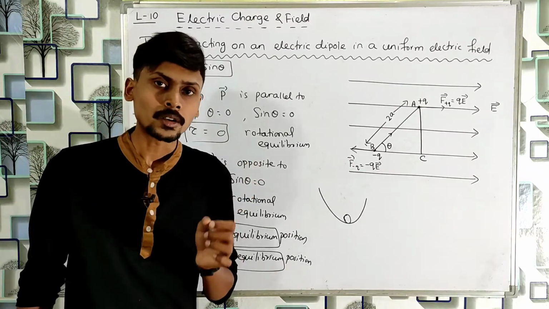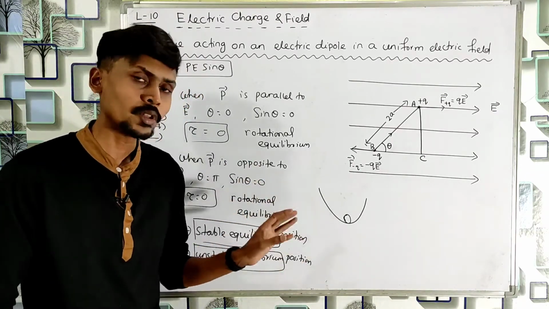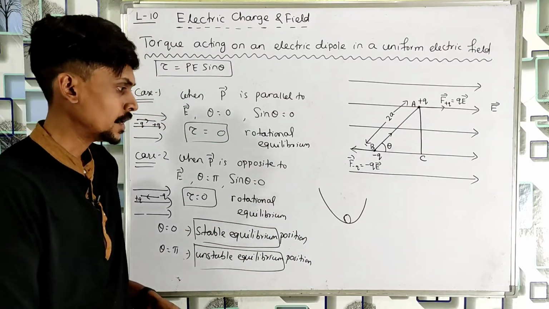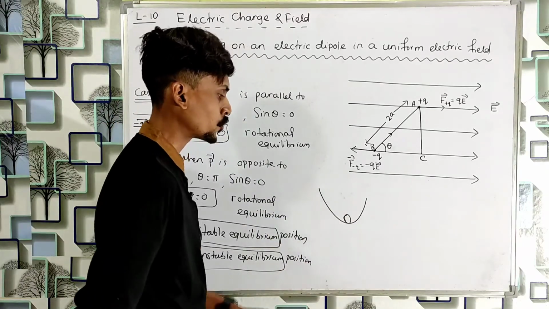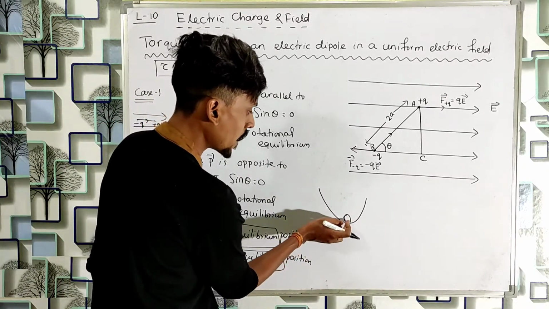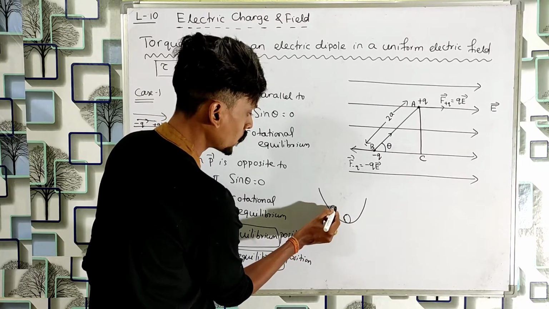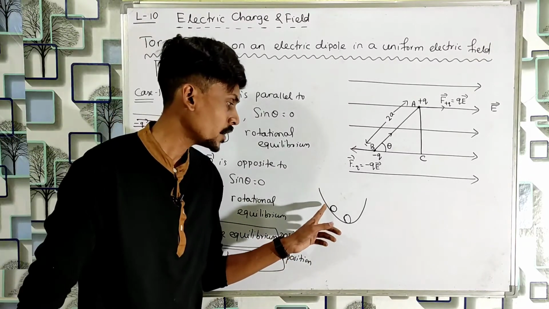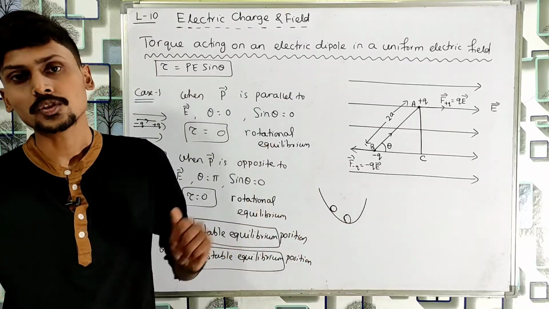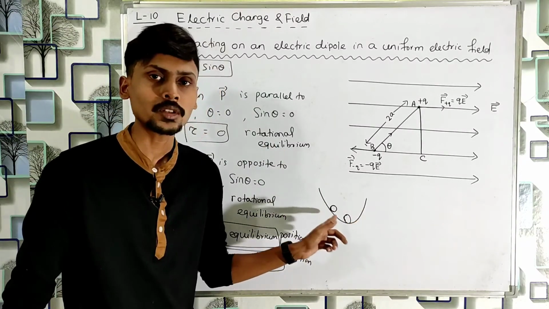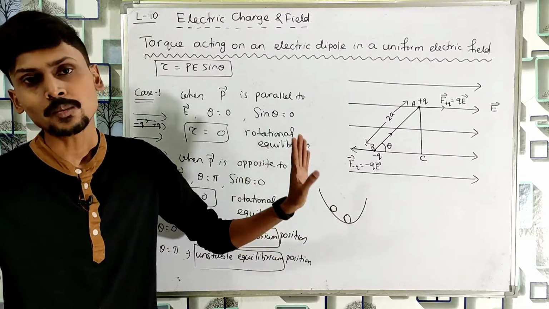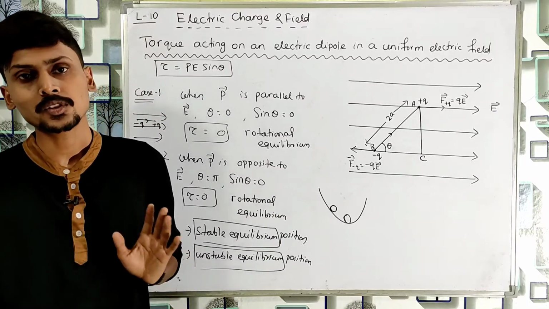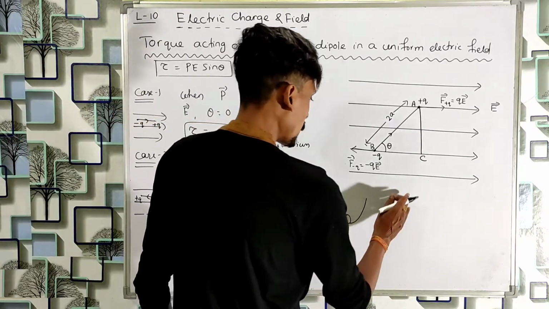Now we have to determine whether this equilibrium is stable or unstable. We just disturb the position of the sphere. If I take the sphere up to some height to this point and then release it, what will happen? The sphere will again come back to the initial position. After a number of oscillations, finally it will come to the same position, and that's why this position is known as a stable equilibrium position.